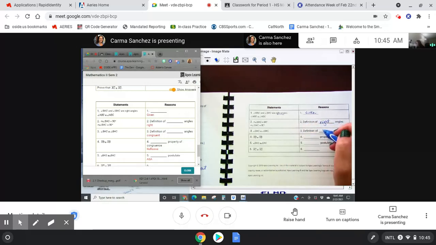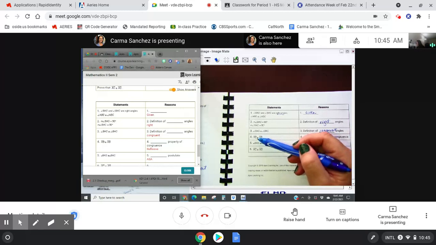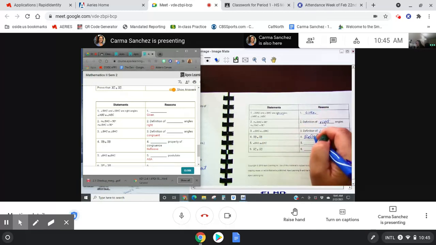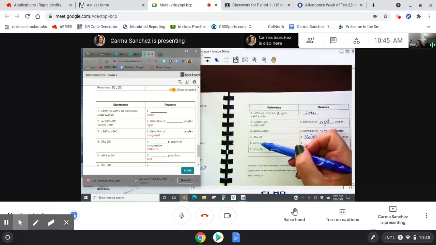So we're going to say by definition of congruent angles. And that AB is therefore congruent to AB. This is known as the reflexive property. And then triangle BAS is congruent to triangle BAC by the angle side angle postulate.